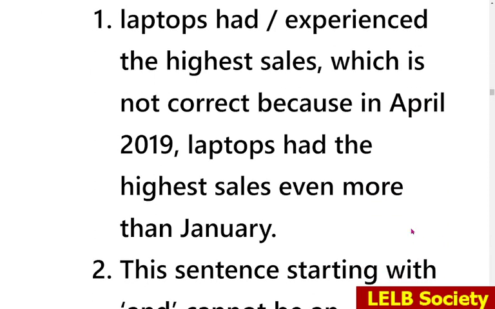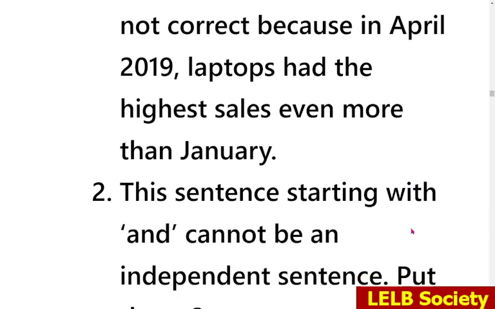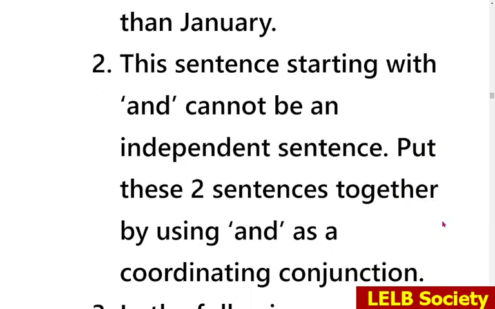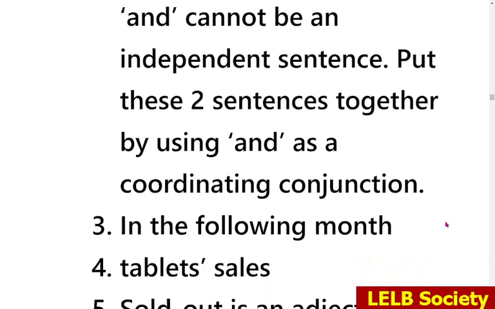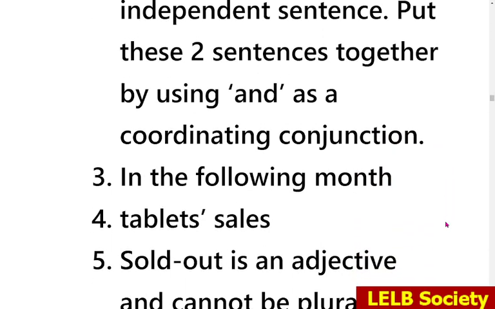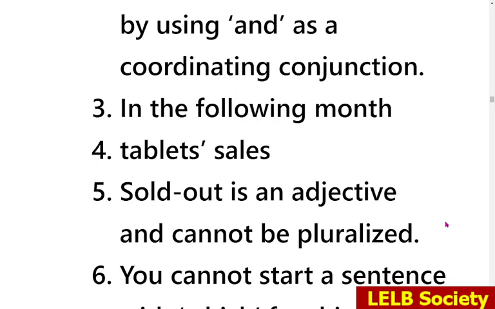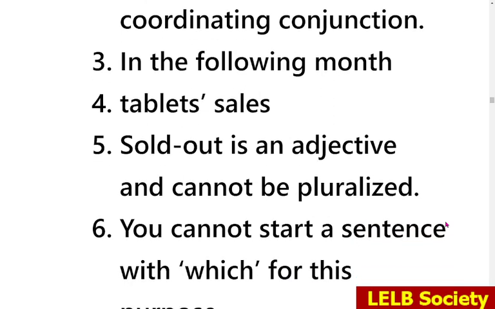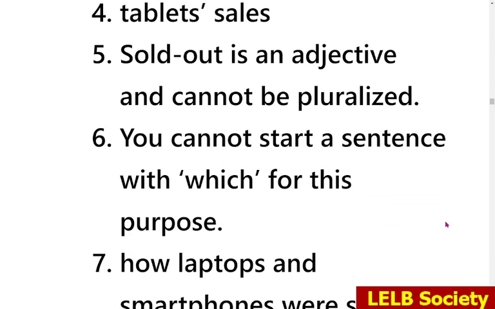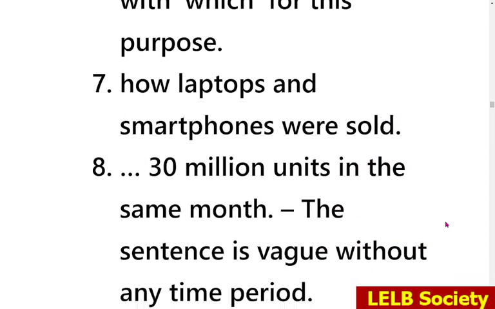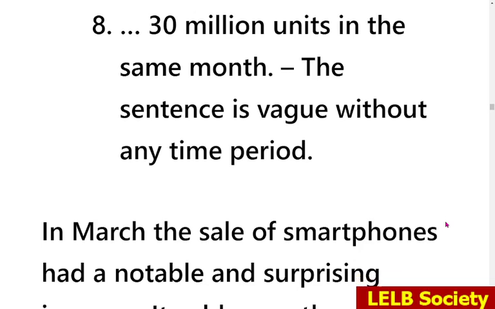These are the points that I just mentioned. This sentence starting with and cannot be an independent sentence. Put the two sentences together by using and as a coordinating conjunction. In the following month, and tablets, tablets' sales, and sold out. I explained that you cannot start a sentence with which for this purpose, and how laptops. I already explained all of them.